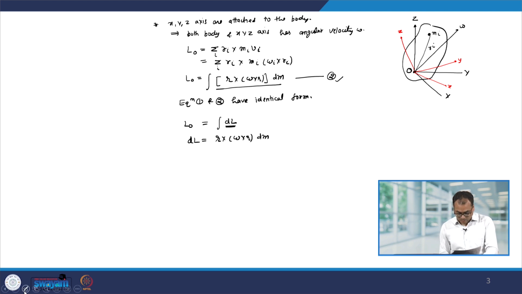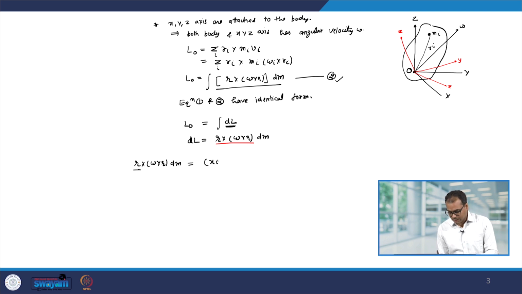Now, to find out what this quantity is, let us write it component by component. We are interested in finding r cross omega cross r into dm, so that we can find LO or LG. So, r is xi plus yj plus zk in Cartesian coordinates.